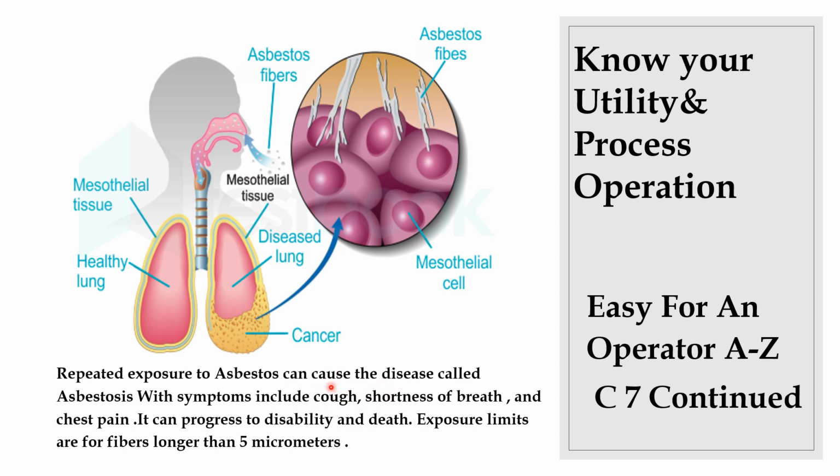So if you are not getting any effect immediately, don't think that you are in a safe condition. Prolonged work in an asbestos atmosphere will cause asbestosis and also mesothelioma, the cancer which is formed in the lung, and that will lead to lung cancer and fatality.